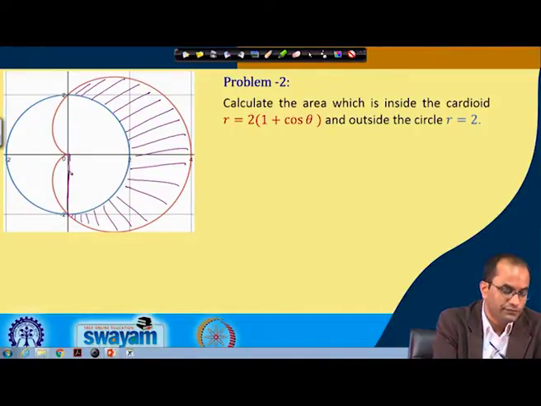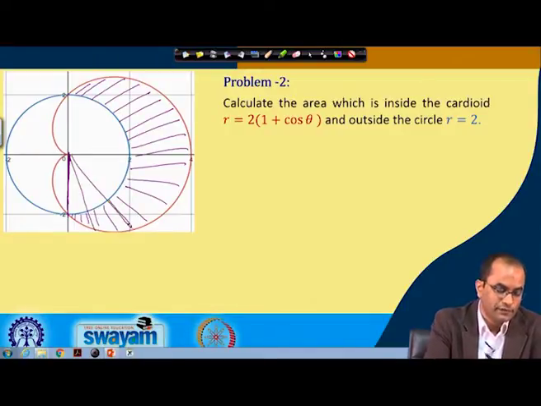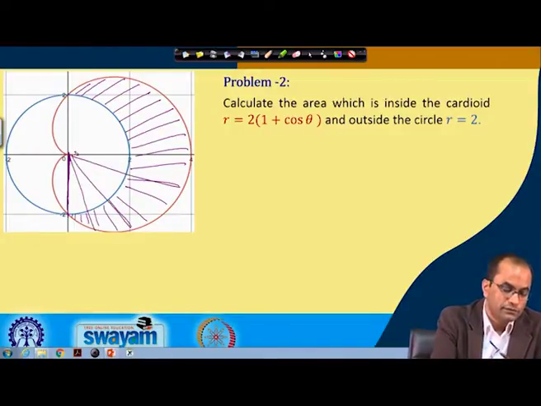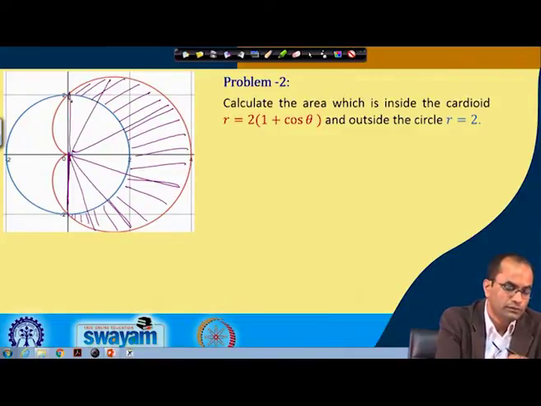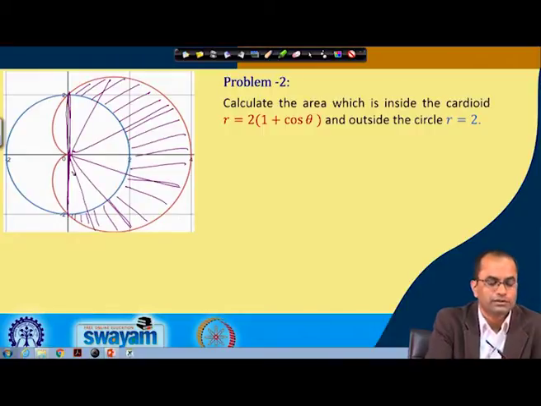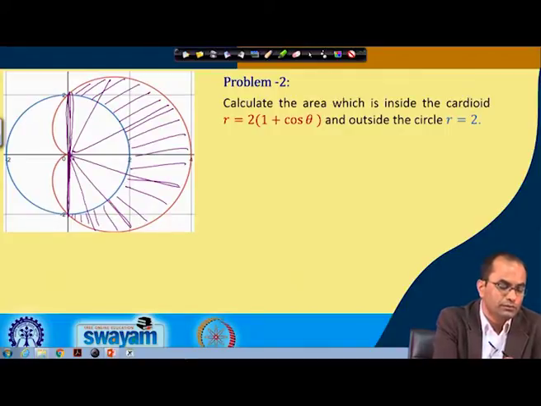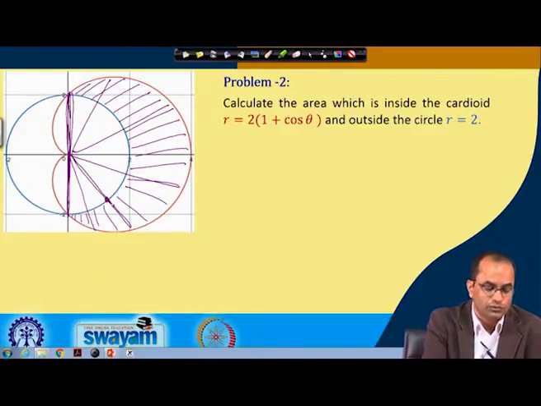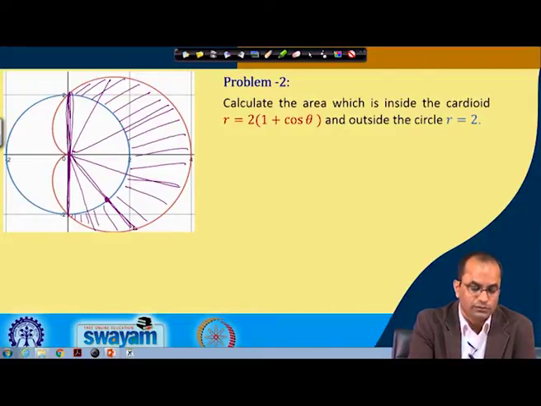So, we are moving in theta from this point and then going all the way, and theta will go up to this point. So, the limits of theta we can take from minus pi by 2 to pi by 2, and for r it is always from the circle, which is r is equal to 2, to the cardioid.